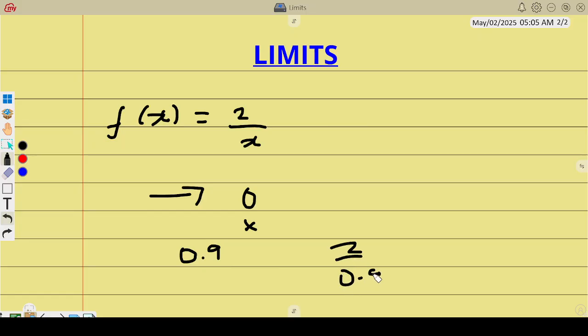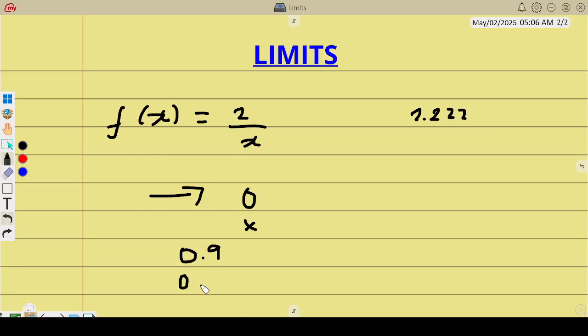If you do the math, you are going to get 2.222, just 3 significant figures.